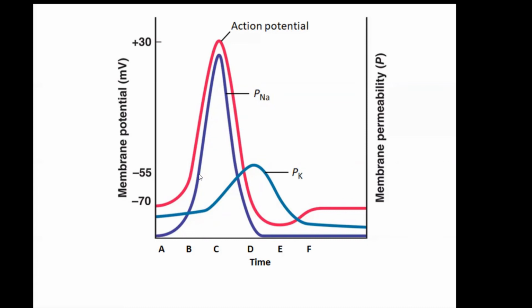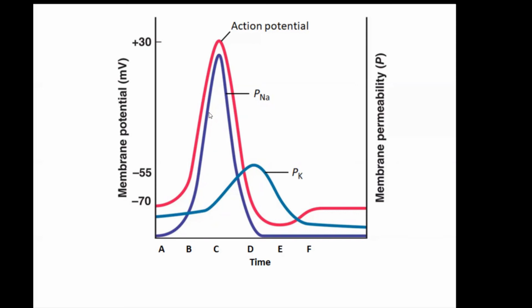Once we get to negative 55, this opens the activation gate on our voltage-gated sodium channels. So as the activation gate on the voltage-gated sodium channels open, we can now consider the membrane more permeable to sodium, right? Because all those channels are now opening.